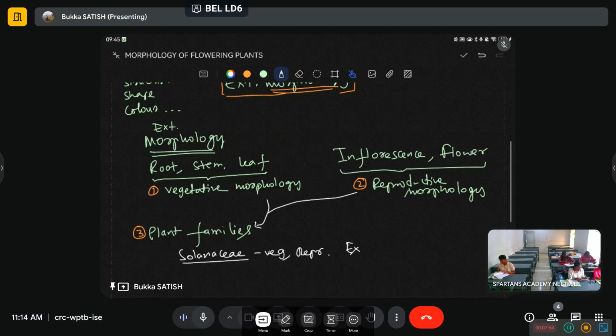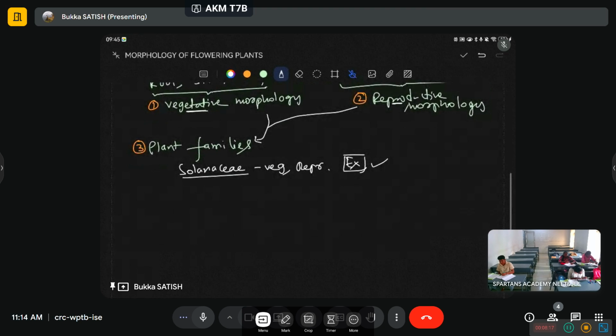And of course, examples. So the only new thing we will study in this part is examples. Otherwise, every term we have studied in vegetative and reproductive morphology will be repeated here. That's why practice this part well, then plant families will be easier. So we'll start with the first one, which is vegetative morphology.